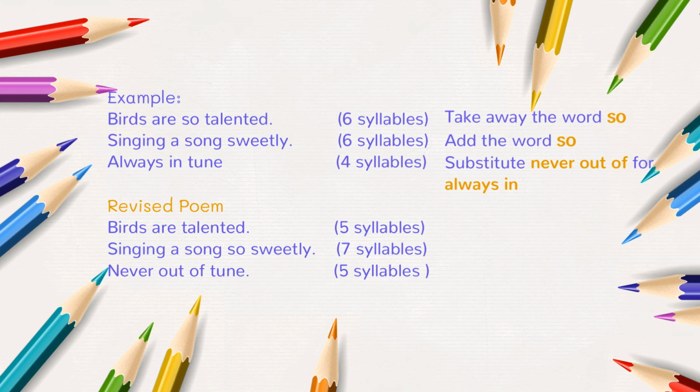Therefore, I have to go back and think of how I'm going to reword the phrase in line number 3. How about I go with never out of tune? Let's see if I have 5 syllables in that phrase. Never out of tune. I think I've got it. I heard 5 snaps. Therefore, my third line is complete.